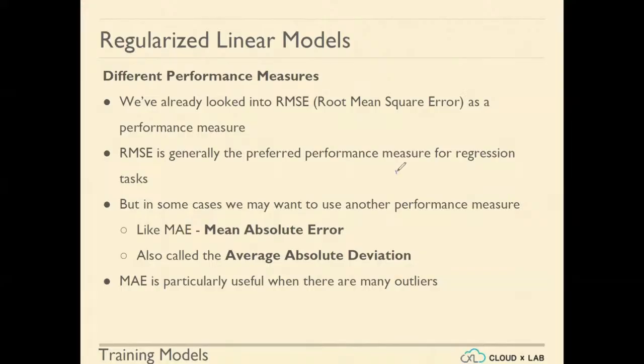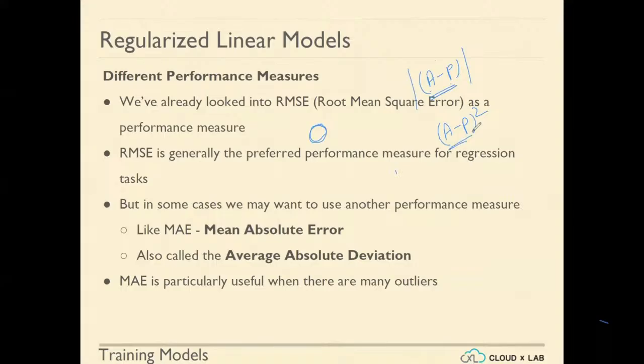Because in both absolute and squared error, we are calculating actual minus predicted. In absolute error we take the absolute value, and in squared error we take the square. If I have an outlier, then for the outlier point the actual minus predicted will be very high.